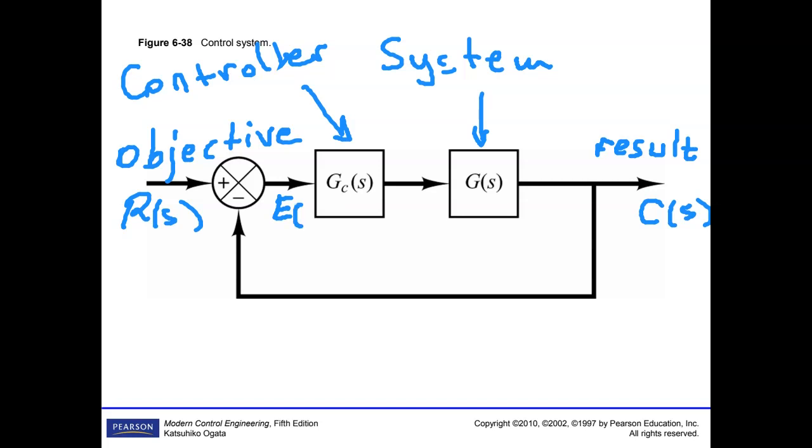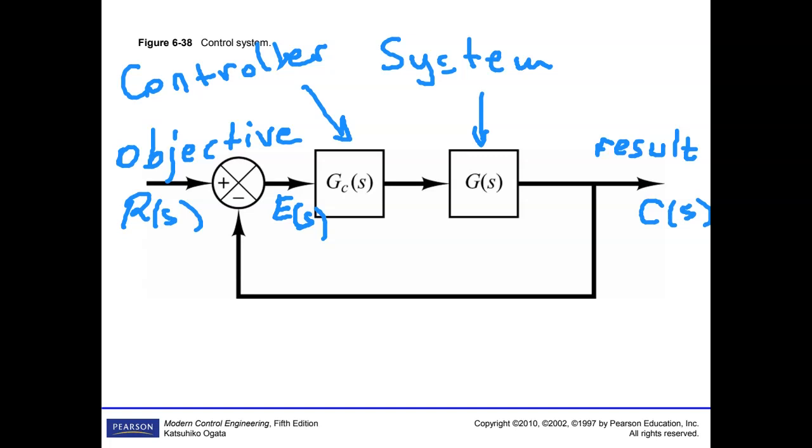Error should be 0 or very near to 0. But also the maximum overshoot, or oscillation, should be as low as possible. And also the response time should be as small as possible. So we require a fast response. All right.